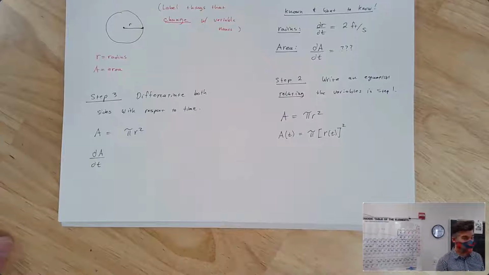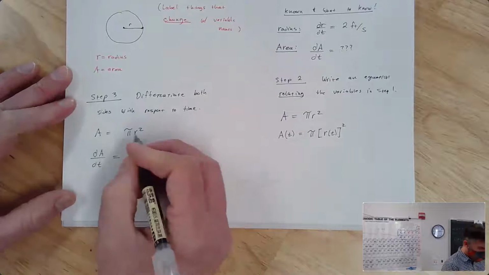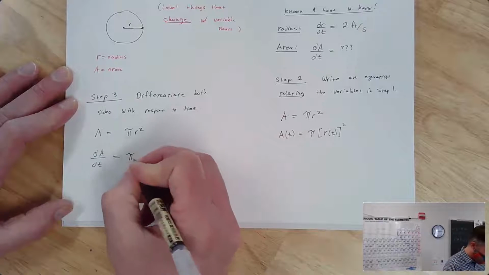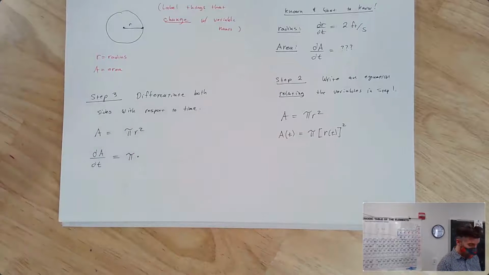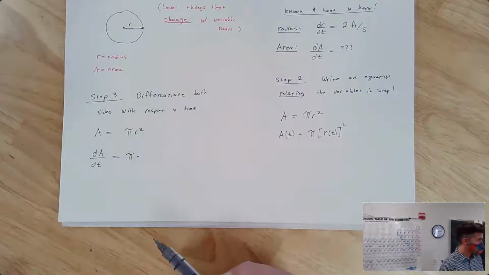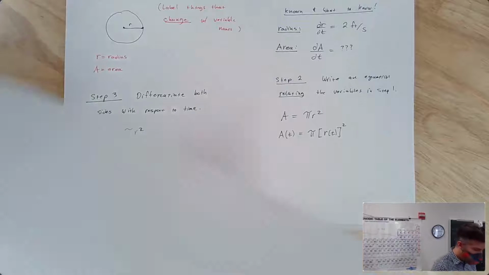Right, the derivative of area is the derivative of area. When I take the derivative of pi times r squared, the pi constant hangs out. And let me ask you all, what's the derivative of some stuff squared? Let me ask you a different question. Let's take a real quick detour.